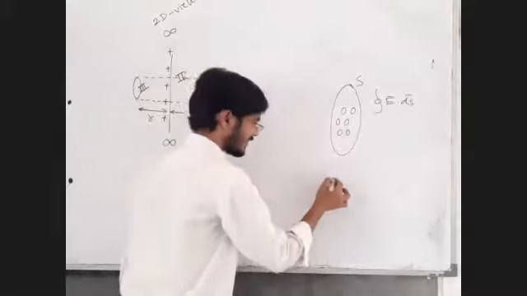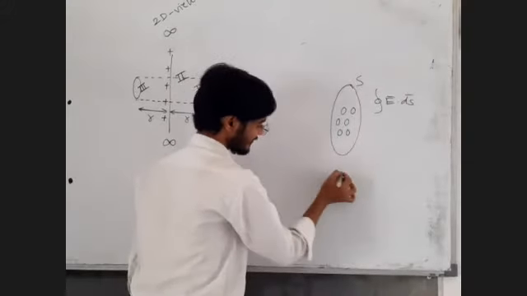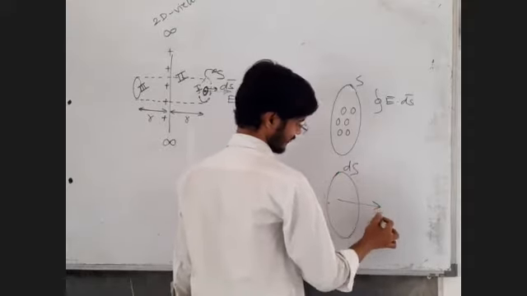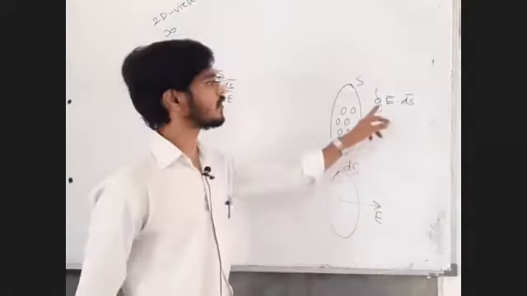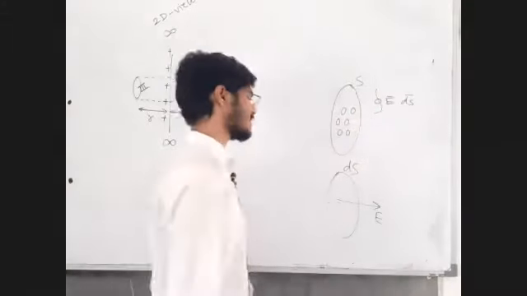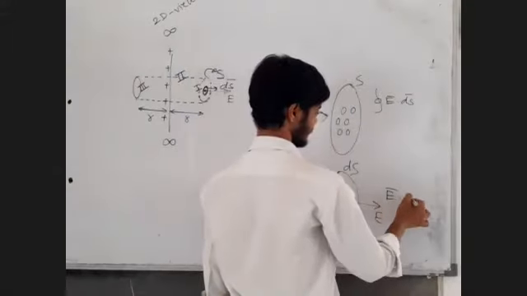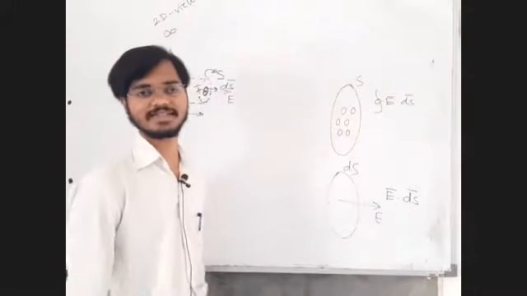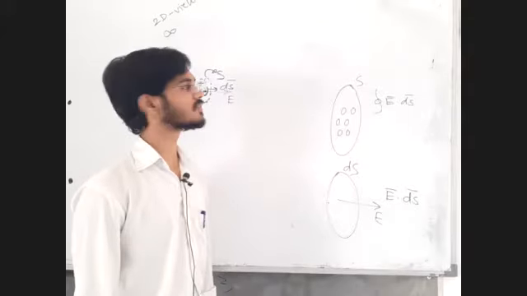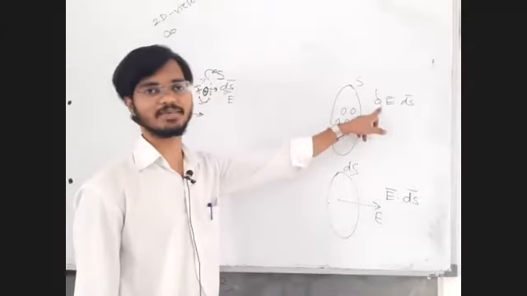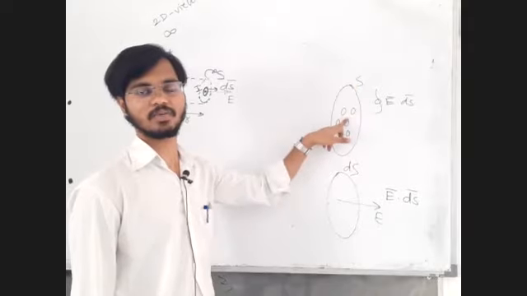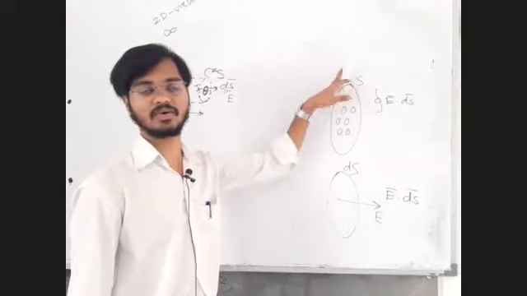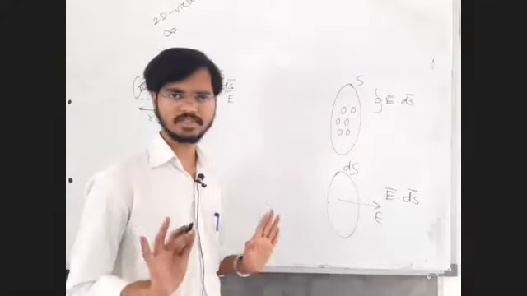But if this entire area is a very small area dS, and over that the electric field is E, then there is no need of doing the integral; just write E bar dot dS bar, because this entire surface itself is dS. Is that clear? Here you need the integration sign because you are calling it S, and other small areas dS, and you want integration over the entire surface. Okay, is that clear?